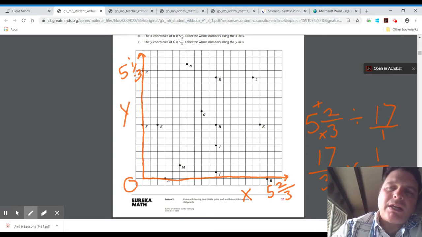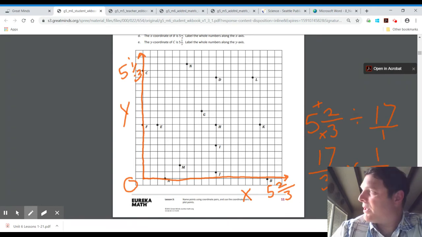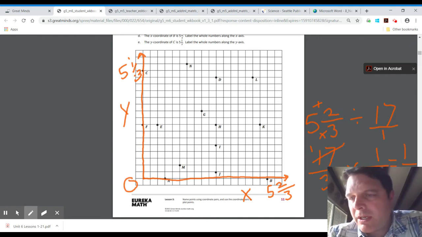If you remember how to reduce fractions, if you have the same number on the top and bottom, you can cross them off. So the 17s get crossed off, and our final answer is 1/3. So each of those blocks is worth 1/3.